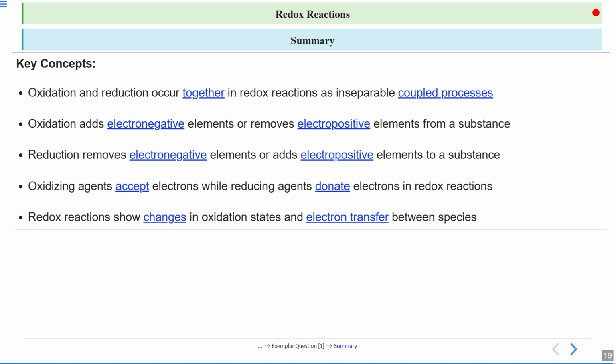What can we understand by it? The loss of electrons by one substance is always accompanied by the gain of electrons by another substance. So this is all about oxidation, reduction, and the redox reaction. I hope all the key concepts are clear to you in a detailed manner.